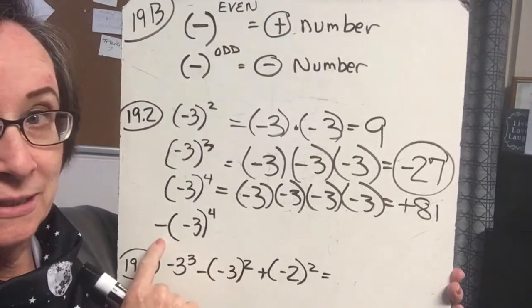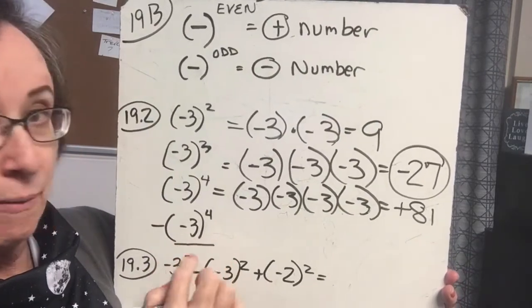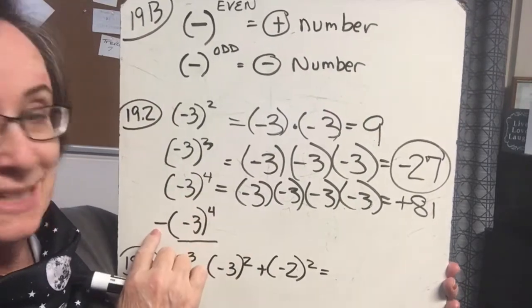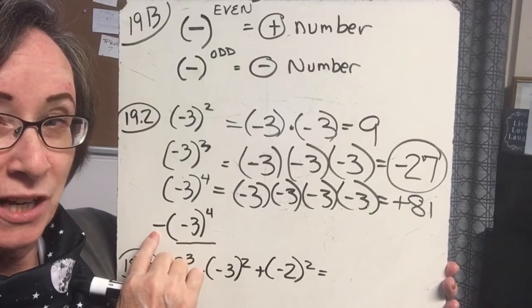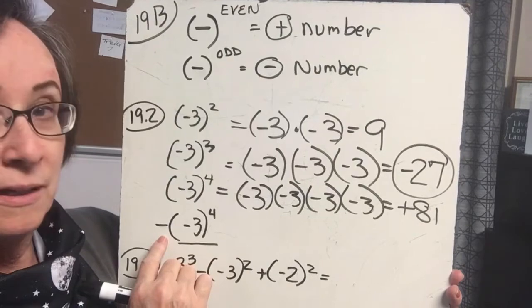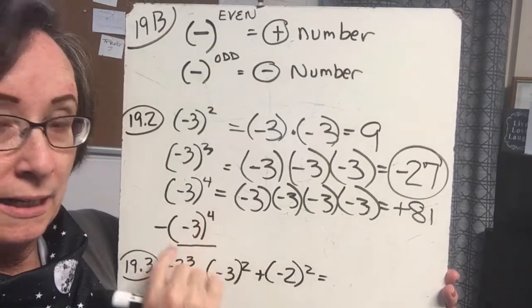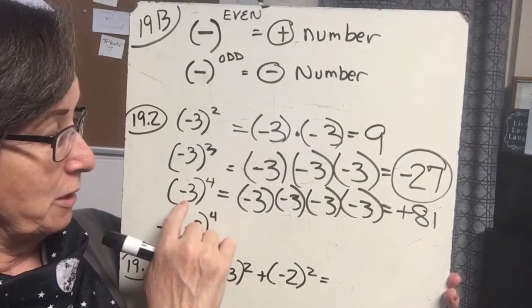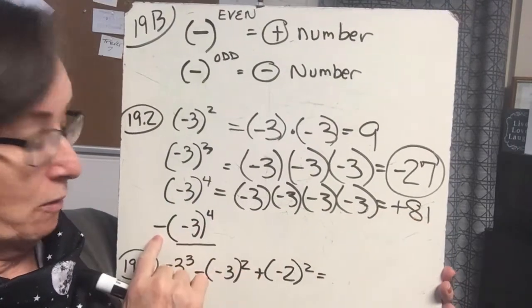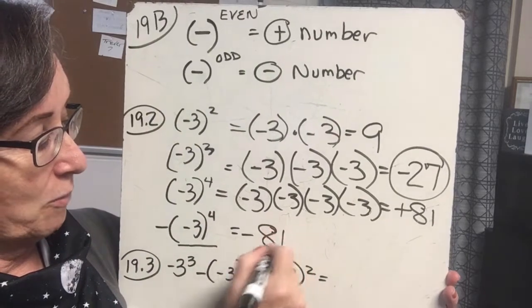Now here we have the negative 3 to the 4th power, but then we have this negative sign out front. It's not connected to the negative 3, so that is the opposite of this quantity. A positive 81 with a negative sign in front is a negative 81.